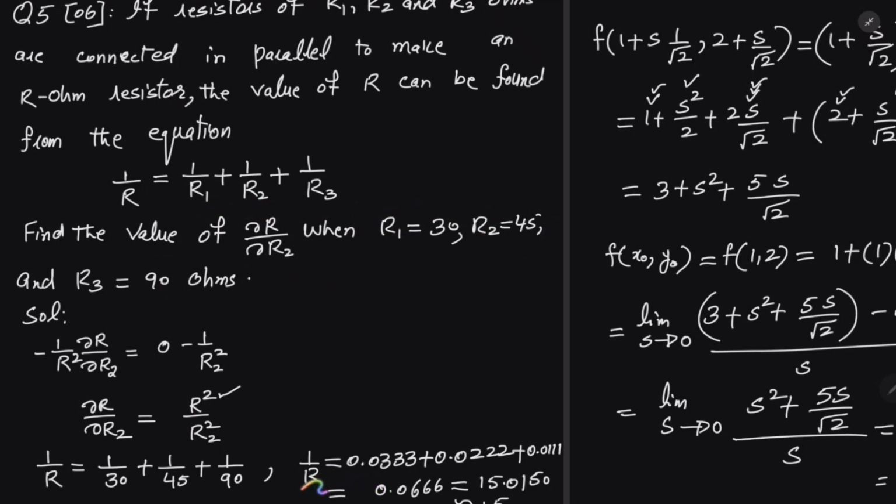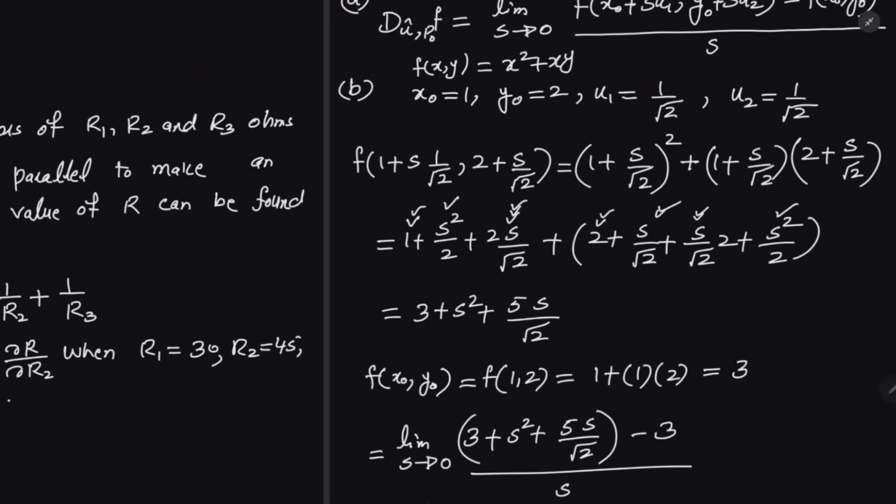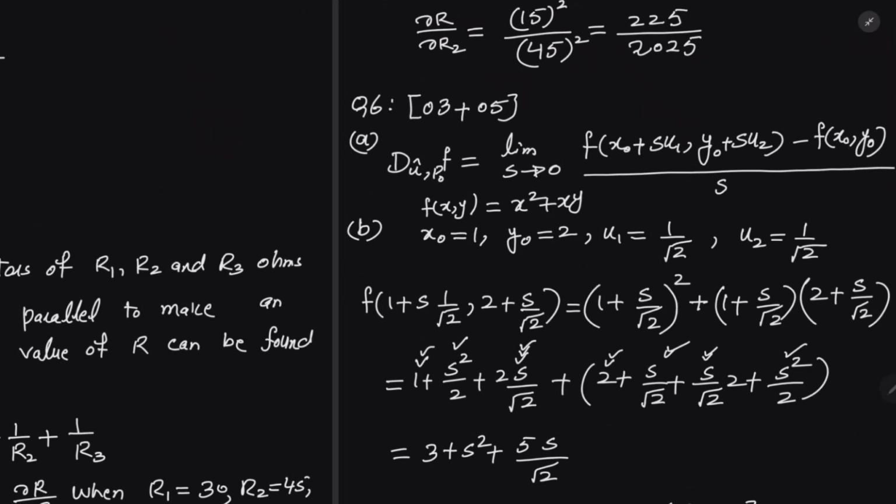After that, approximately we get 15. So after putting that value, we get this answer, which is approximately 0.11, and so on. It doesn't matter. You can also get 1 over 9 by another way.